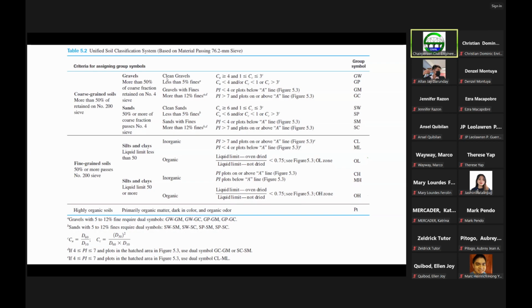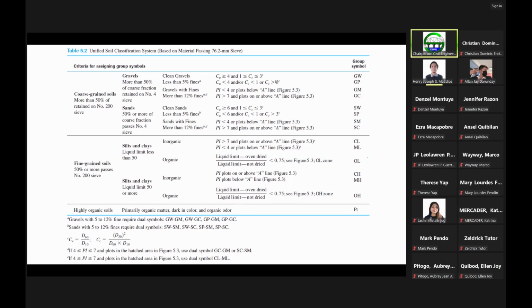Now again, for the clean gravels with less than 5% fines, if the uniformity coefficient CU is less than 4, and or the coefficient of gradation is less than 1 or greater than 3, then we call it a poorly graded material. So G means gravel, P means poorly graded.